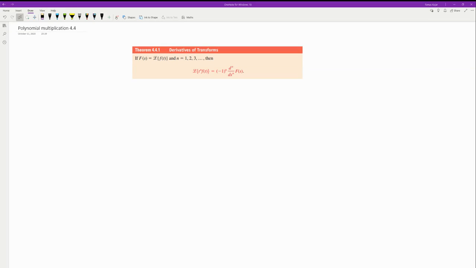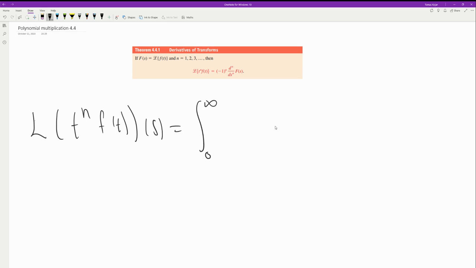Okay, so now we do the multiplication by polynomials. So here's the identity: the integral from zero to infinity of e to the minus st. So what's the trick?